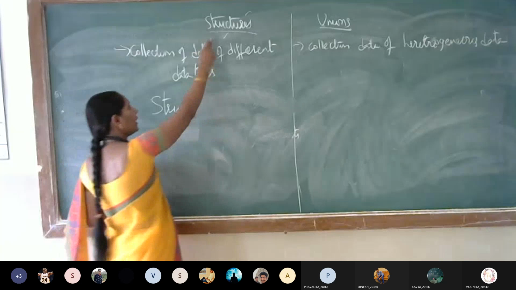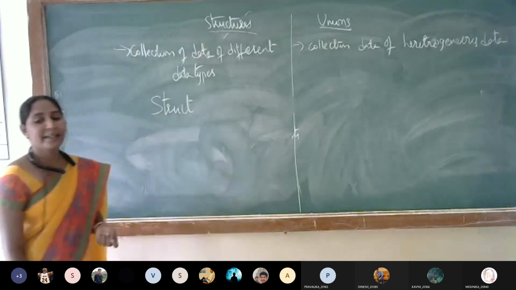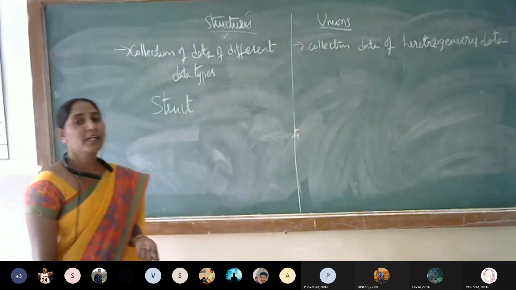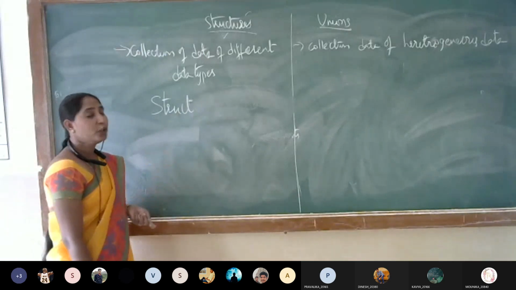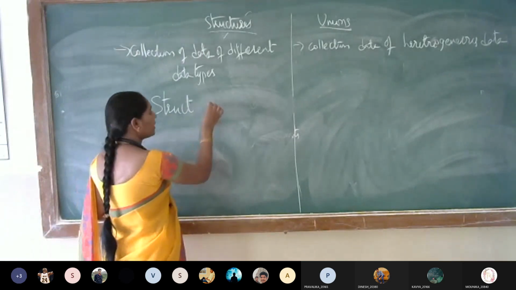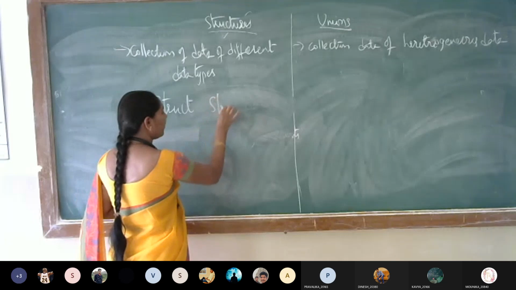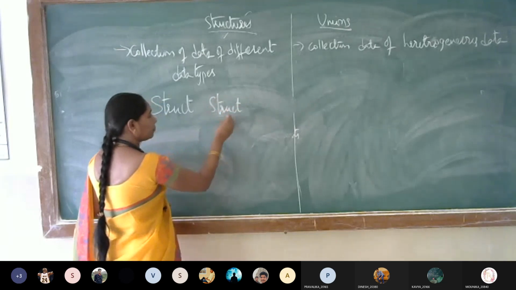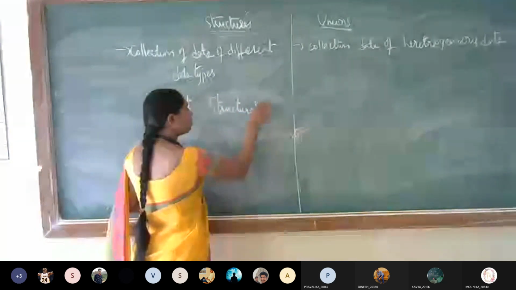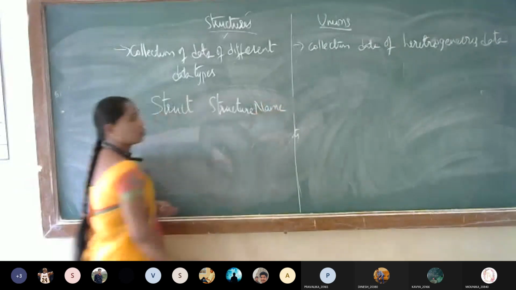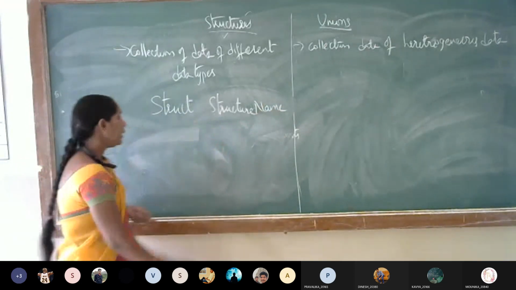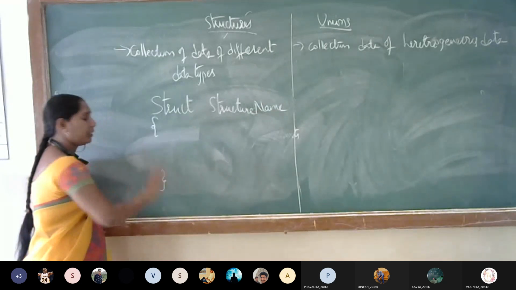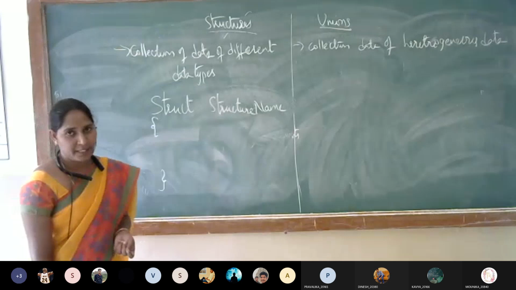So whenever you want to declare any structure, we declare it by making use of the struct keyword, then after that you specify the name of the structure. Struct space structure name. Then it should start with opening flower braces and be terminated with closing flower braces.